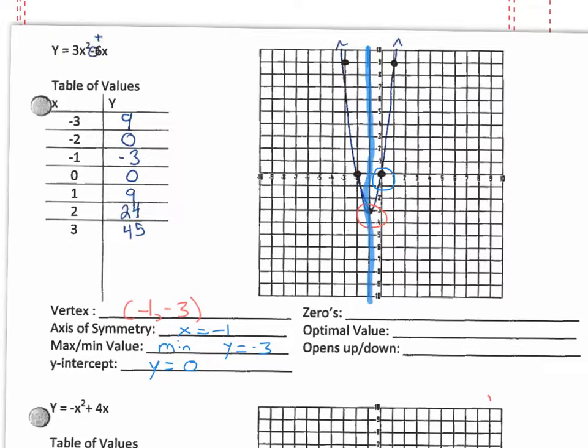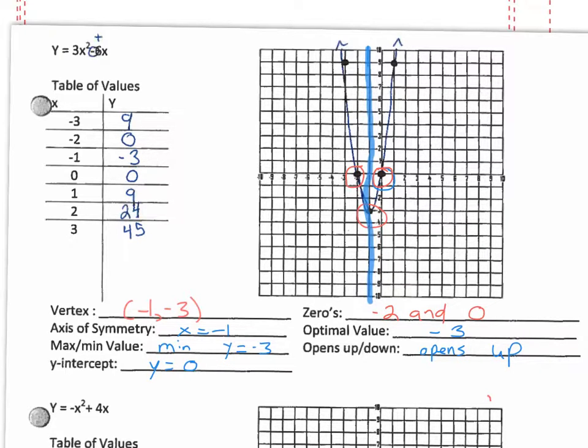The zeros, where our parabola crosses the x-axis, are one here and one here. So our zeros happen to be -2 and 0. Optimum value is the y coordinate of our vertex, so -3, and it opens up.